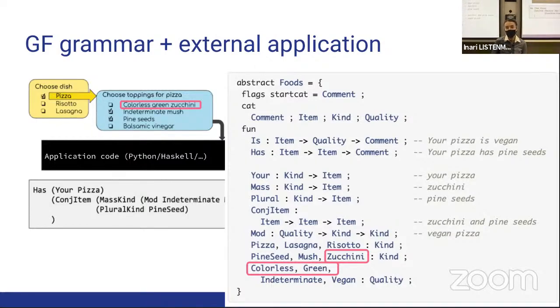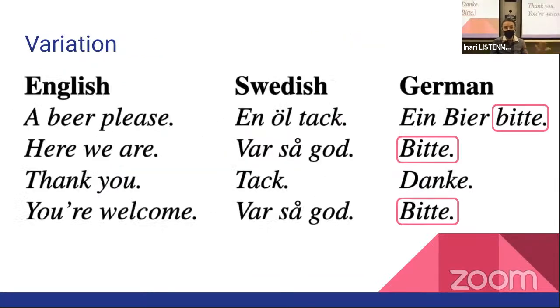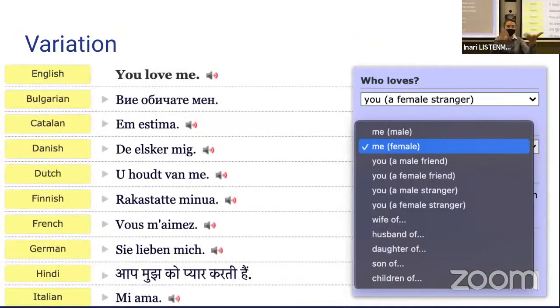So this is an example of a grammar where all of the semantic plausibility is done inside GF. All of these categories come from the GF grammar, and then you just have a helpful user interface that does this disambiguation for you.